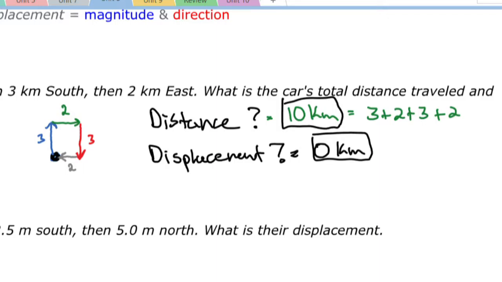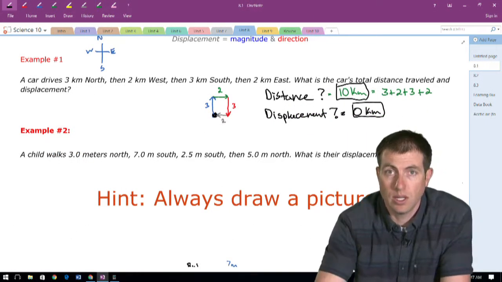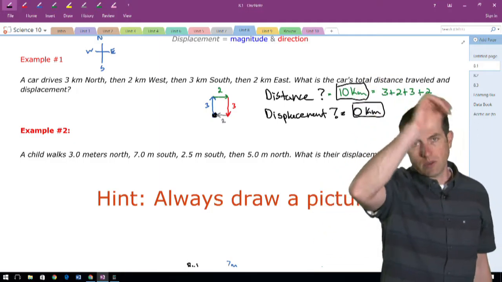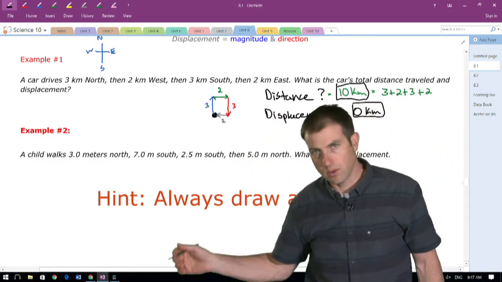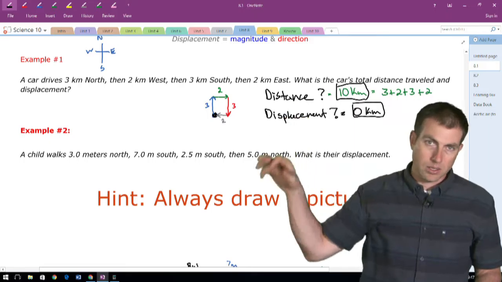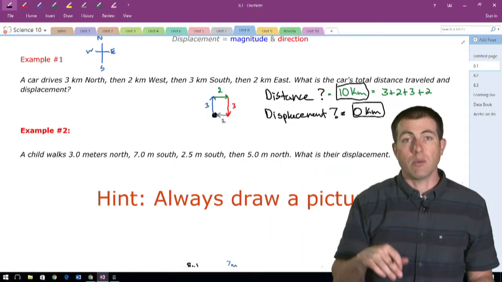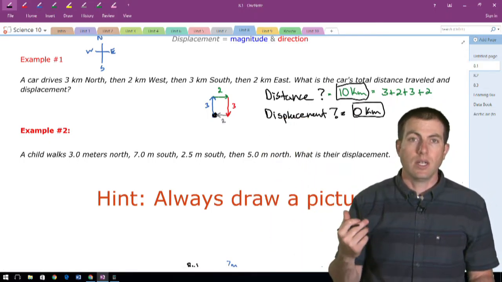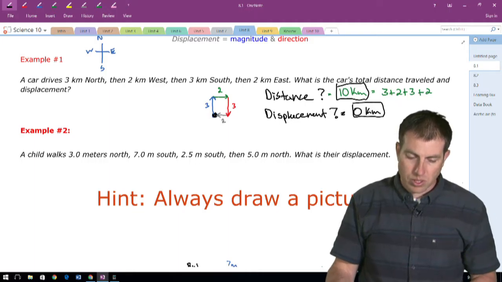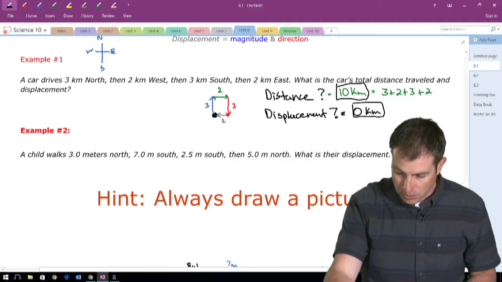I am starting and finishing at the exact same spot. So technically my displacement, my change in position, how far I am from where I started, is 0. But the distance I traveled was 10 kilometers. I went north, and then west, and then south, and then east, so I did this big square. I traveled 10 kilometers, but I'm 0 kilometers from where I started. So that's an example using kilometers.